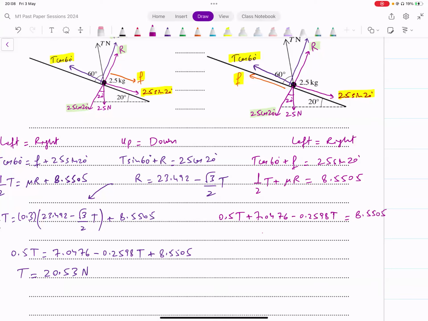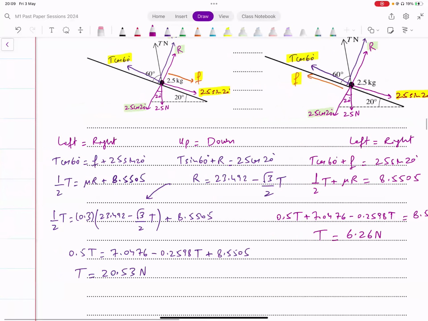And now you can find the value of t from this as well. Let's see what that turns out to be. 8.5505 minus 7.0476 divided by 0.5 minus 0.2598. And this one is giving me 6.26 Newton.